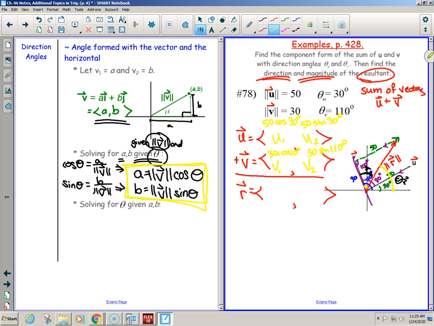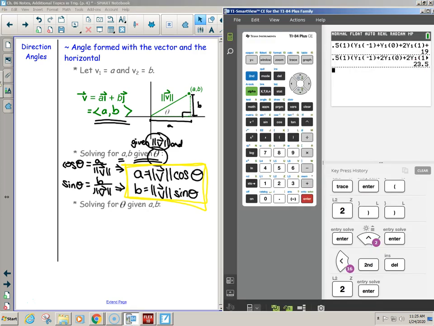But here's the cool thing. Do you guys realize that we could write all these decimals down? Or we could just take these and plug in. Why can't we just do the decimals? You can write the decimals, then plug the decimals in and add the decimals, but wouldn't it be nicer just to do, what was my u again? 50 cosine 30. Cool.